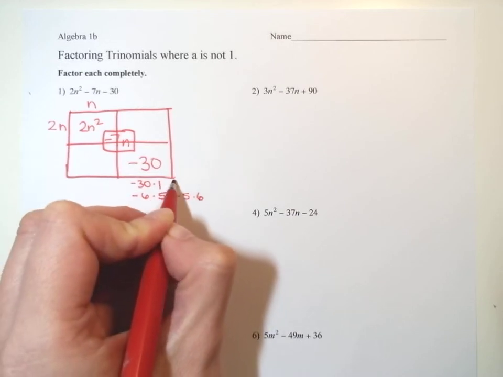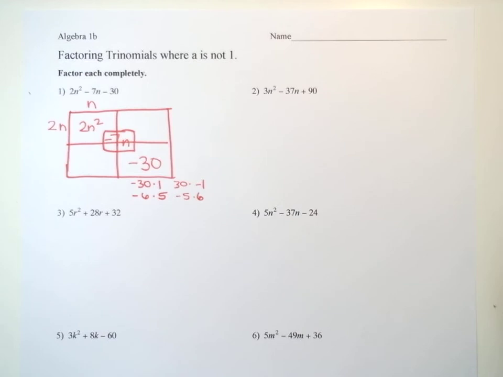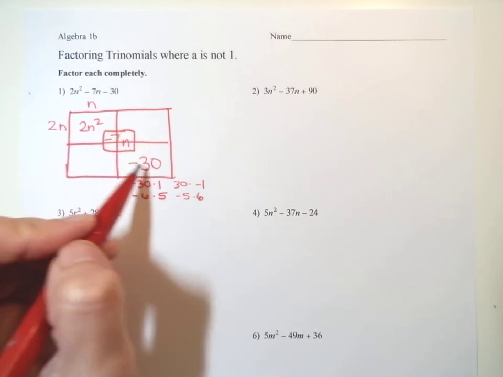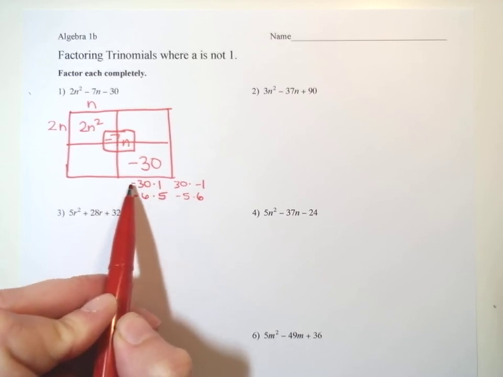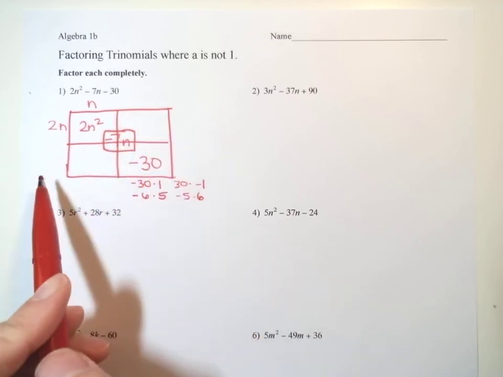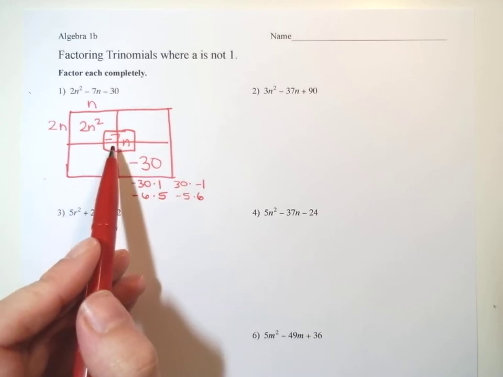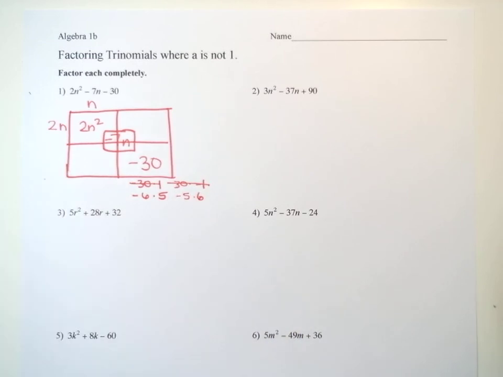And it could also be positive 30 and negative 1. This is where you're going to want to do some of it mentally, because we could probably eliminate the 30s and the 1s. No matter where we put them, that's going to give us a number way greater than negative 7n. So we can cross those off.